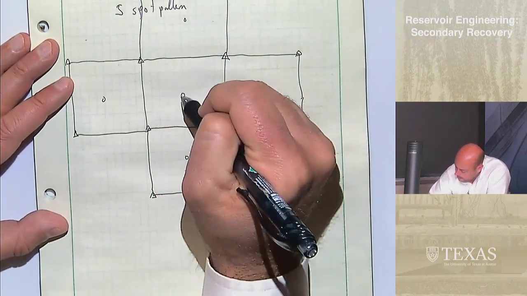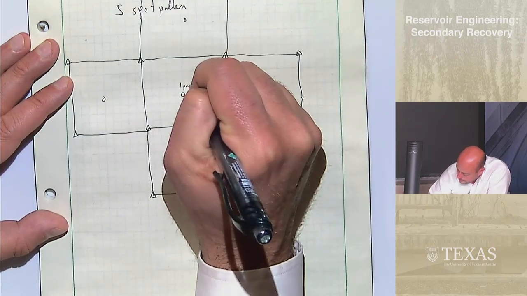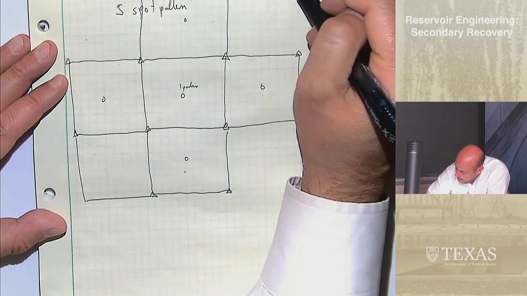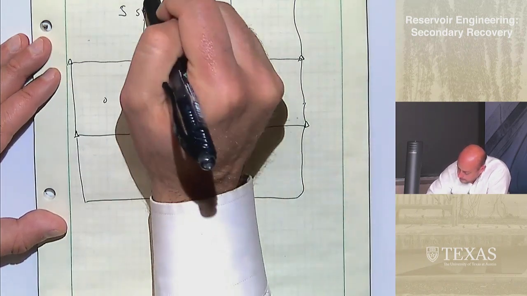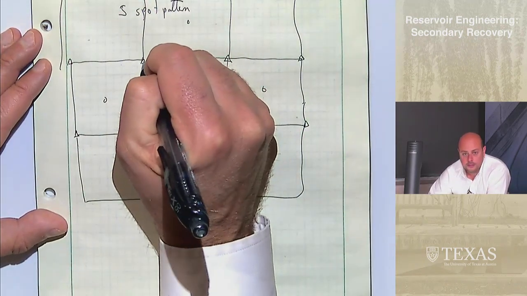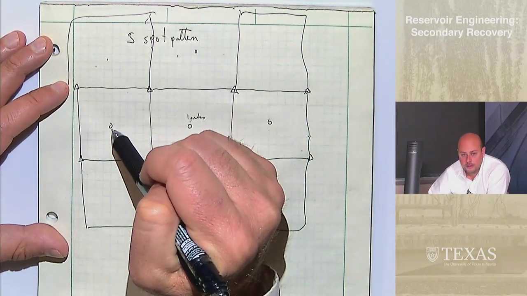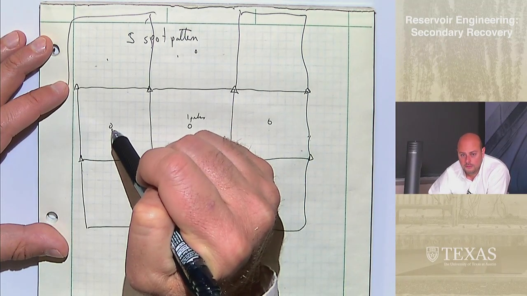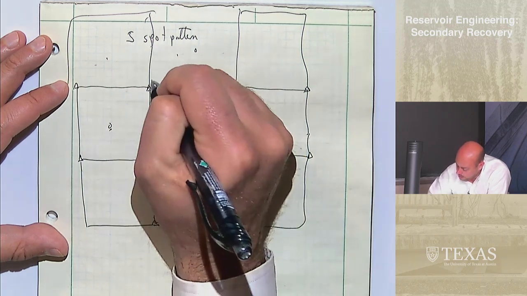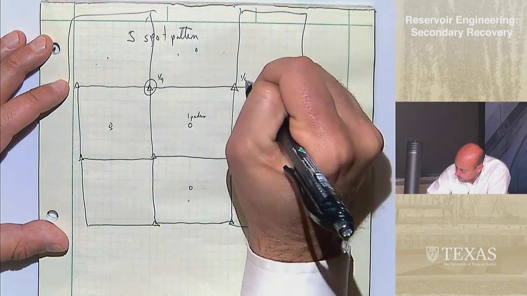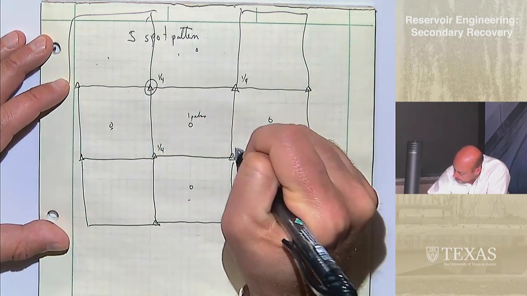So this well pattern right over here, this is 1 producer, but each of these injectors is being shared by 3 other, or 4 total, 5 spot patterns. So this well over here is only a quarter of a well.